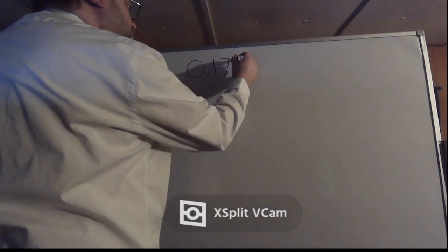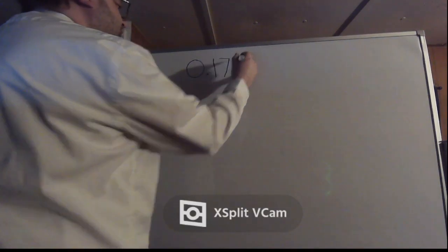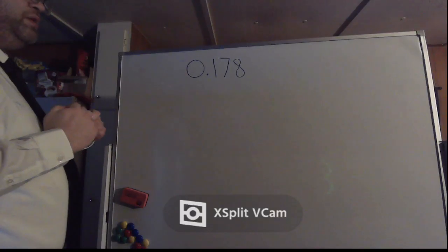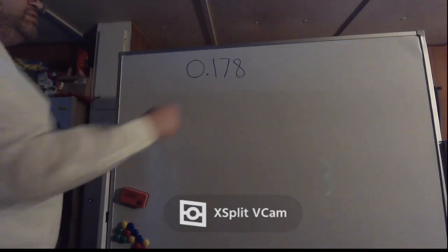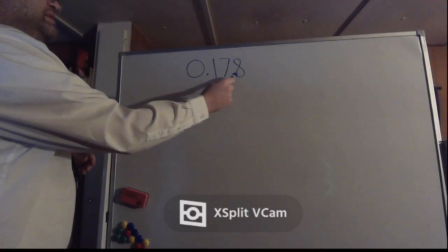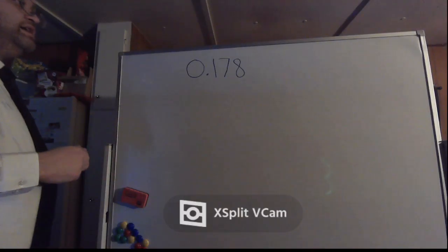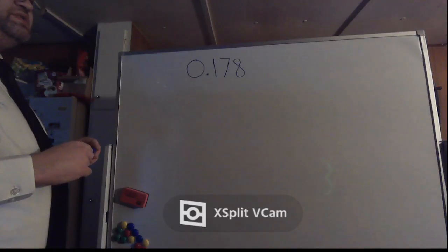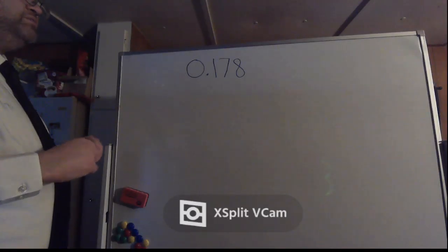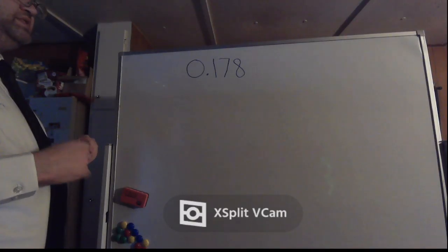And I'll add one more for good measure. Let's say I have 0.178. We now have a thousandths place. So you have the tenths place, hundredths place, thousandths place. You would have 178 thousandths. So that's how you read that.